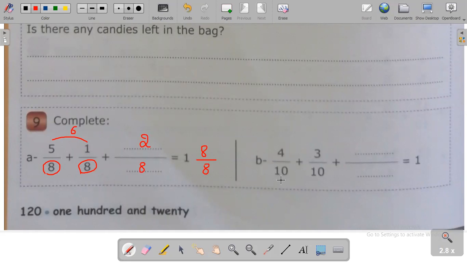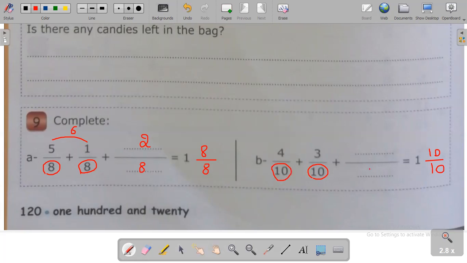Now we have 4 tenths plus 3 tenths plus a missing fraction equals 1. The 1 equals what? Look at the denominator. The denominator is 10. So the total is 10. So 1 is 10 tenths, all the parts over the total.